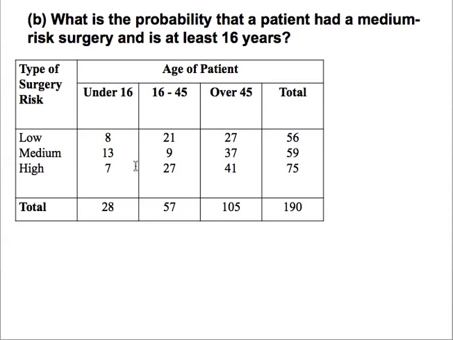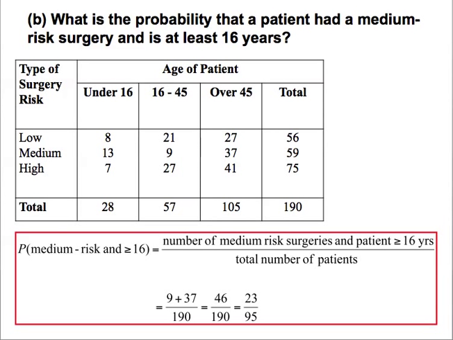Now, how many of these patients had a medium risk surgery and are at least 16 years? We see here that there were 13 patients under 16 who had medium risk surgery, 9 between 16 and 45 who had medium risk surgery, and 37 who were over 45 with medium risk surgery. So how many of these patients had medium risk surgery and are at least 16 years? That would be our favorable outcome.